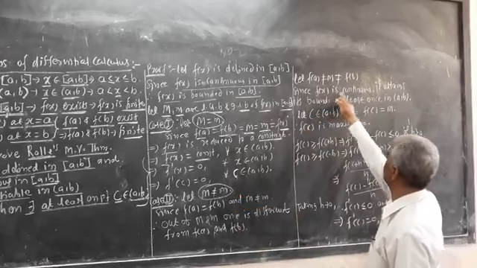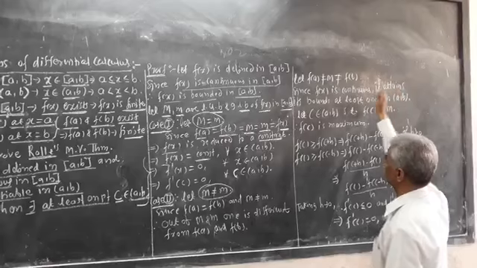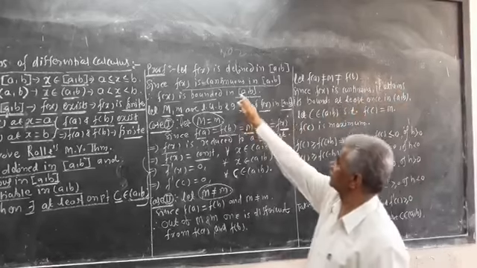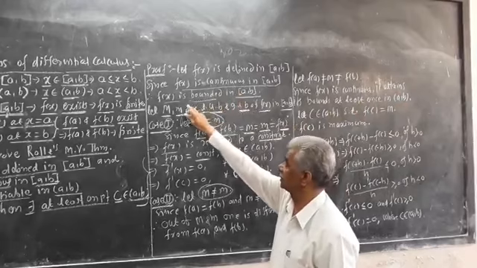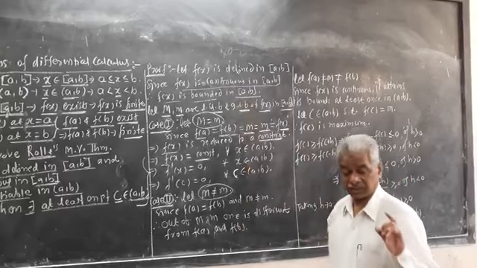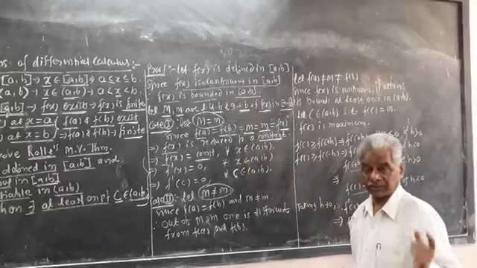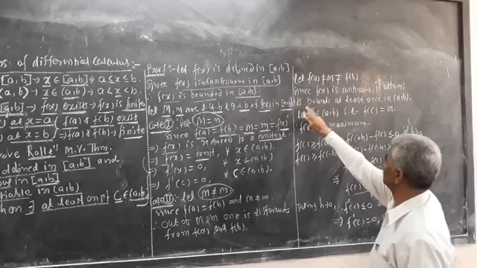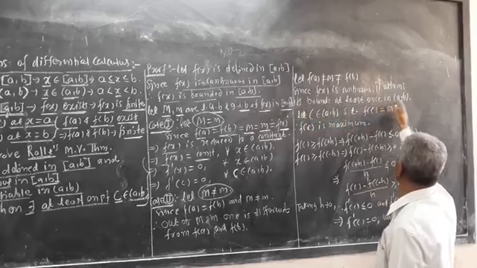If f of x is continuous, then it attains the bounds at least once in AB. If the function is continuous, then the function is bounded, means there is an upper bound and a lower bound, means the function attains its bound at least once in AB.